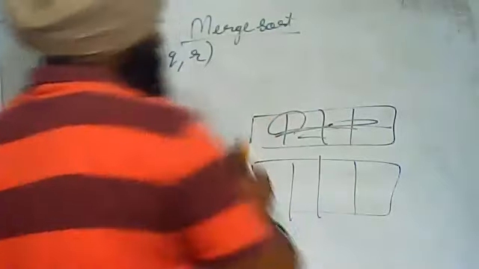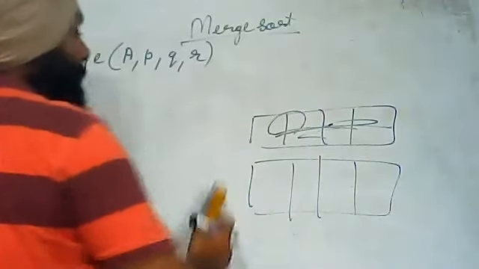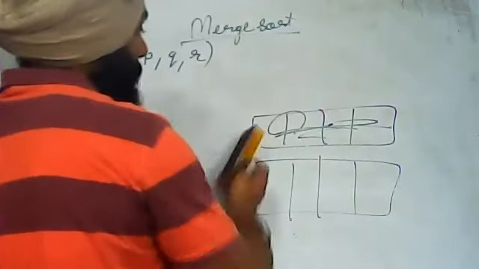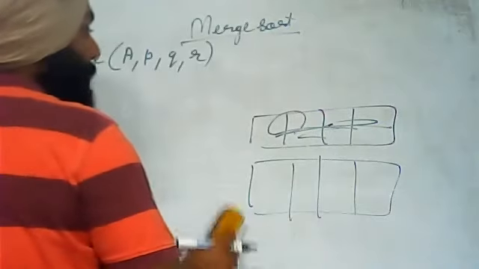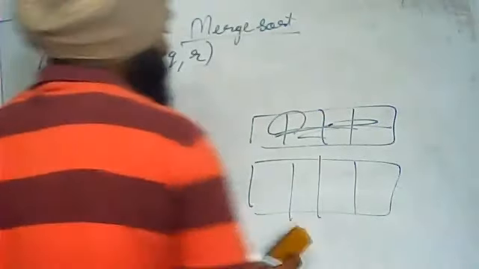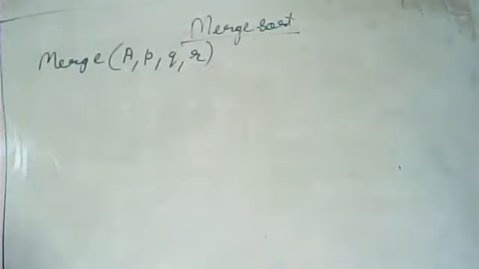Algorithms where we need space other than the input size are called out-place algorithms. So merge sort is an out-place algorithm. This is the difference between insertion sort and merge sort.